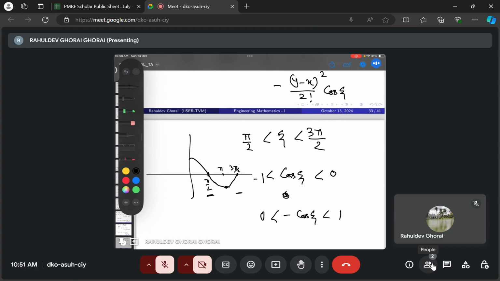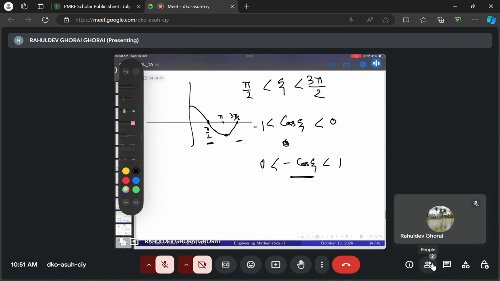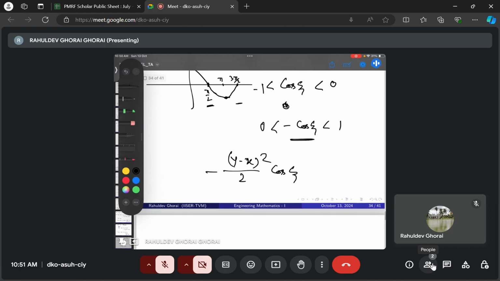And less than 1. So y minus x whole square over 2 times minus cos xi will be positive, because y minus x square is anyway positive, and minus cos xi is positive.